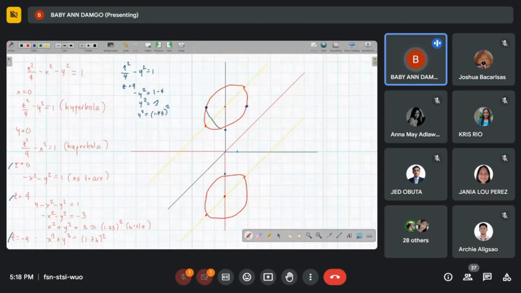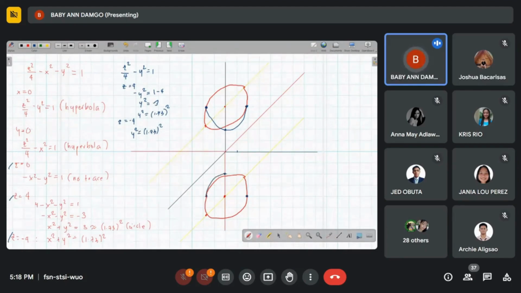This creates a hyperbola. If z is negative 4, the result is the same, we have y squared is 1.73 squared.